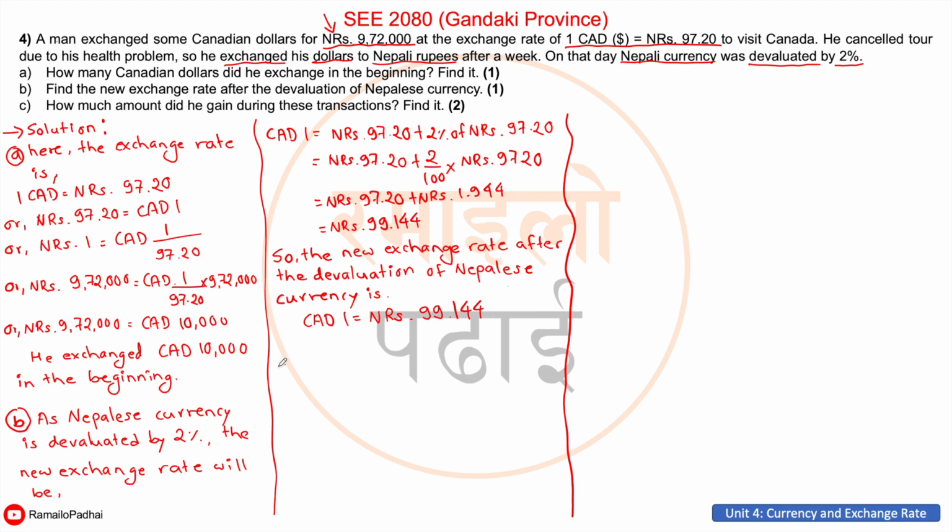Now moving on to question number C. How much money did he gain during these transactions? Find it.